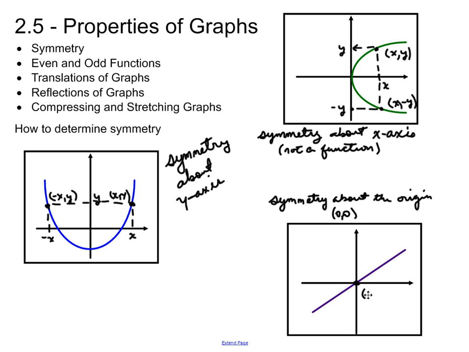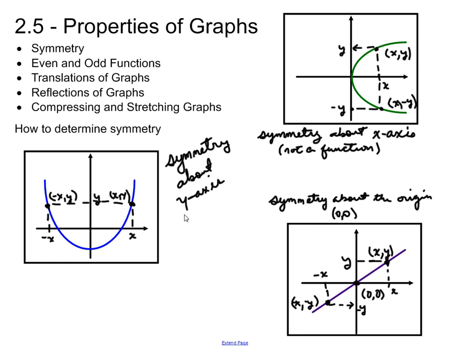And what we say about this is that if there is symmetry about the origin, if we take a point x and find the y value that corresponds to it, to get our coordinate here on this side of the graph, then going to the negative of that value of x results in a y value that is the negative of the y value on the other side. So in other words, if it passes through x and y, it would pass through the point negative x, negative y on the other side.